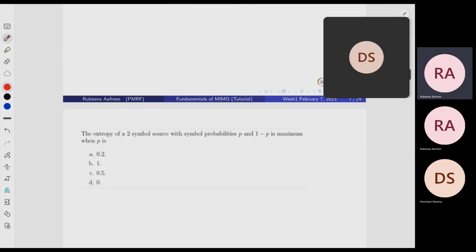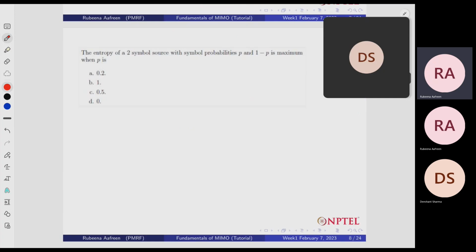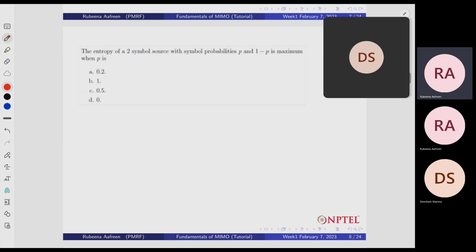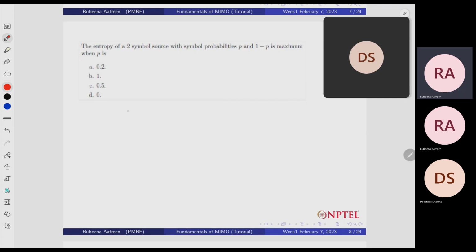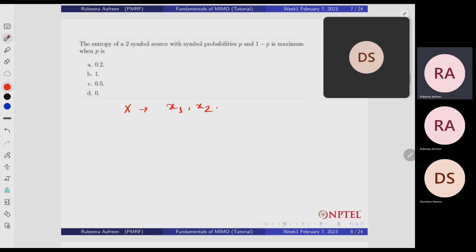Now we will move on to the assignment zero questions, some of which I have picked. Here we are checking when the entropy of a two-symbol source with symbol probabilities P and 1 minus P is maximum. So how do we define entropy? If we have a symbol source X, it consists of two symbols X1, X2, and these symbols will have their own probabilities P1, P2.